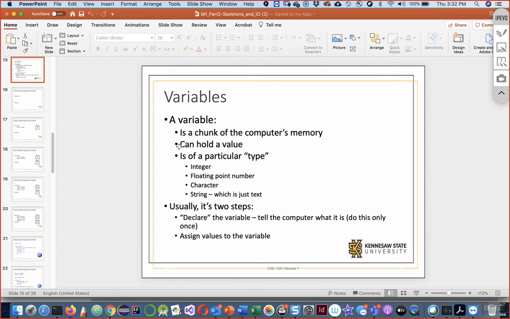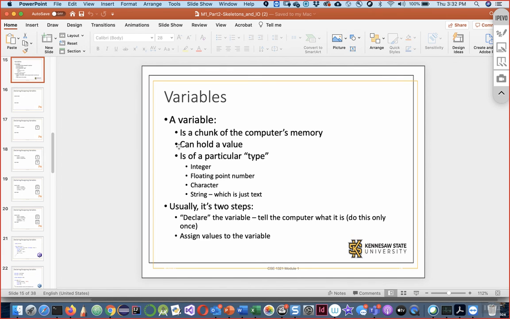The right side will be executed first though, then the result will be put here. For instance, there are some examples over here. This will be executed first in the order that we already discussed, and the result will be assigned to answer.